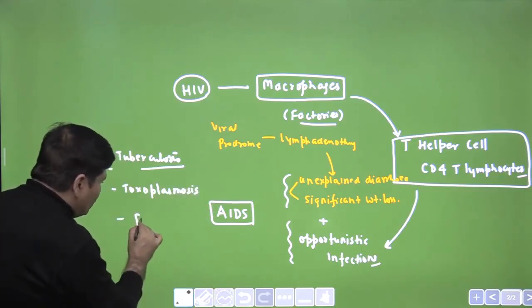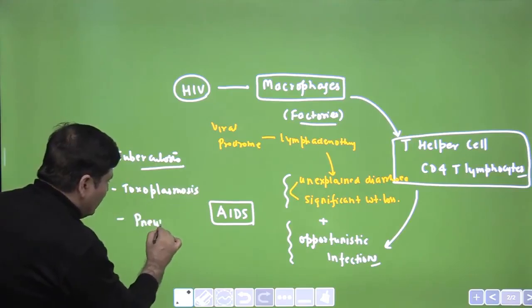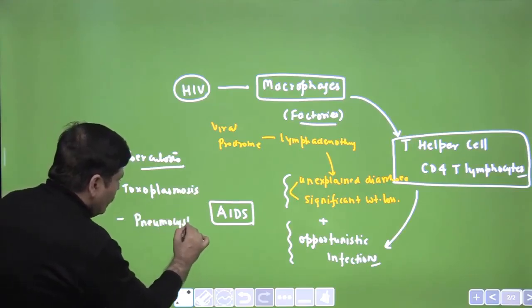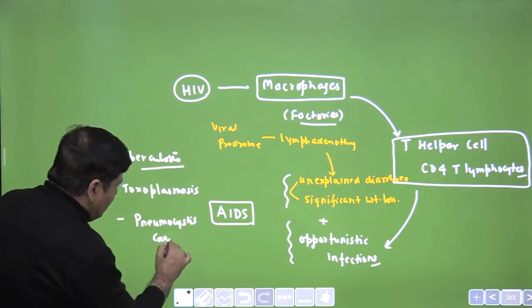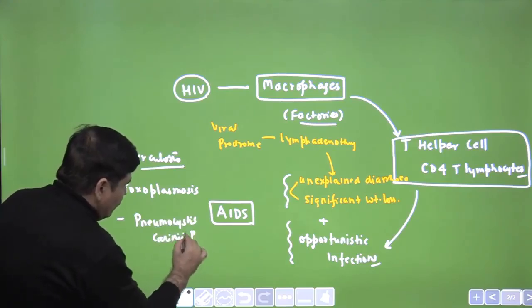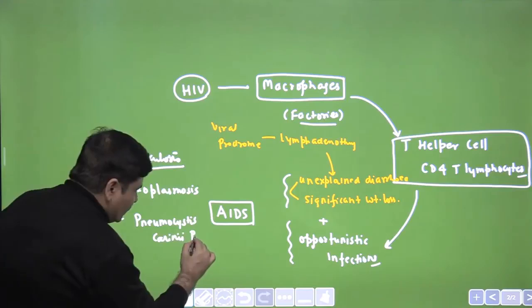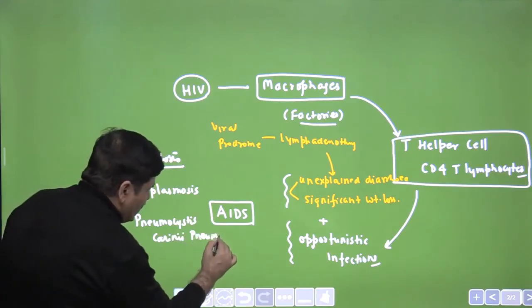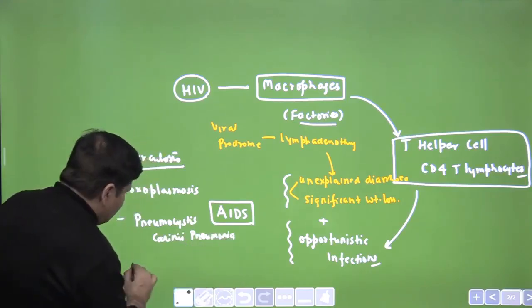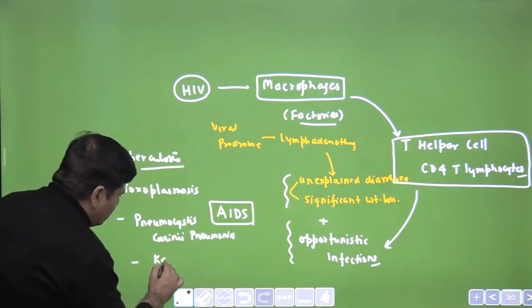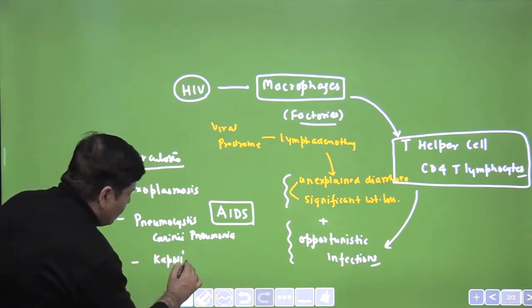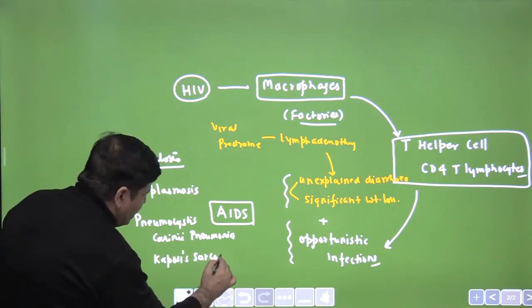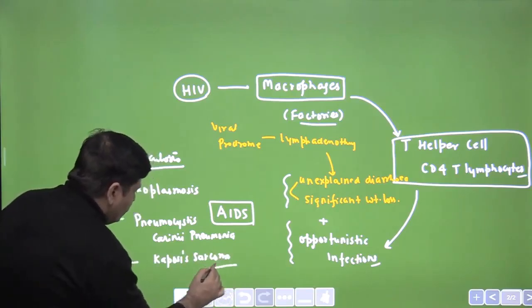One is Pneumocystis carinii pneumonia. Now it is actually called Pneumocystis jirovecii. So this is Pneumocystis carinii pneumonia, and the second is a mesodermal cancer which is called Kaposi sarcoma. So just going outside NCERT, please try to remember if possible these two names.